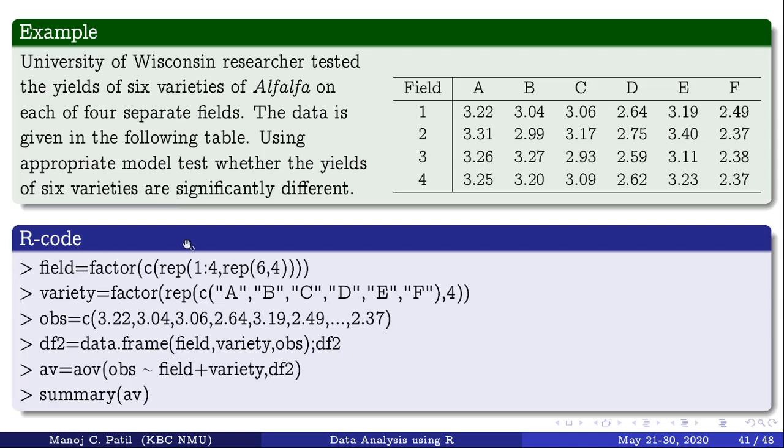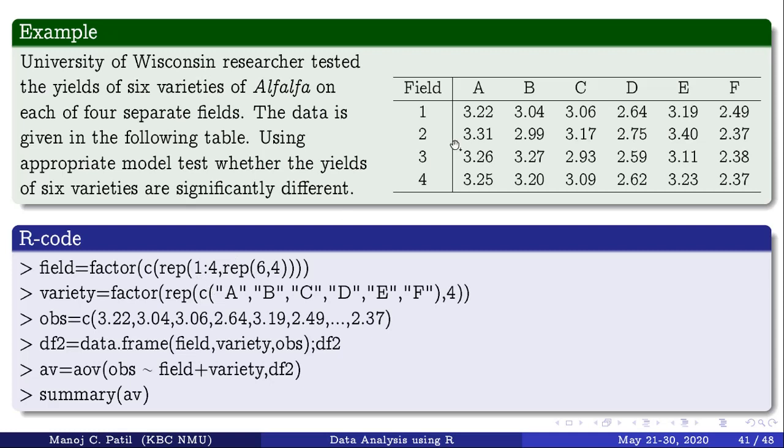Put field in a vector. As field is a factor and variety is also a factor, put the factor function ahead. Repeat 1 to 4. As you know, we must have entered that data 3.22, 3.04 row wise in a matrix form, so we have to use that field six times: 1 six times, 2 six times, likewise.